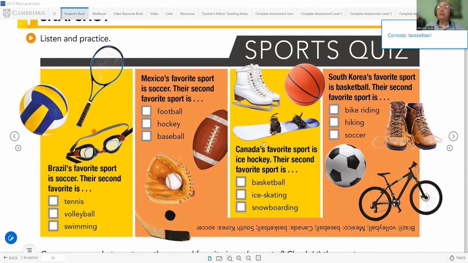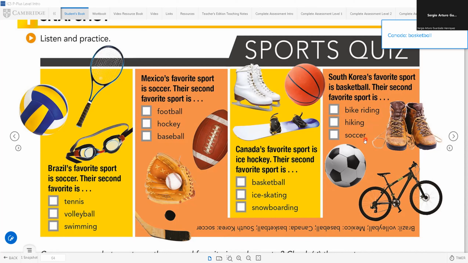Sergio, can you read the last box, the number 4? South Korea's favorite sport is basketball. Their second favorite sport is bike riding, hiking, soccer.